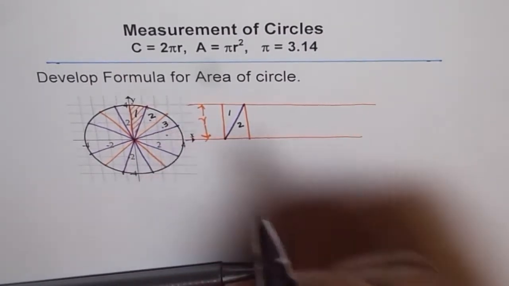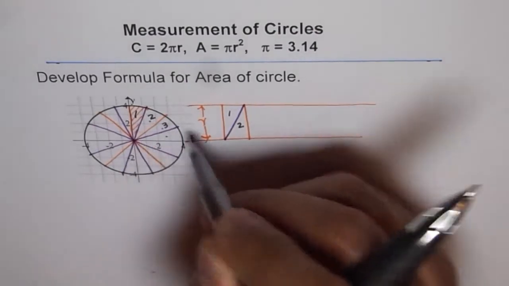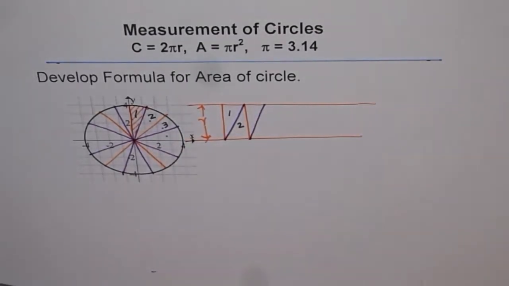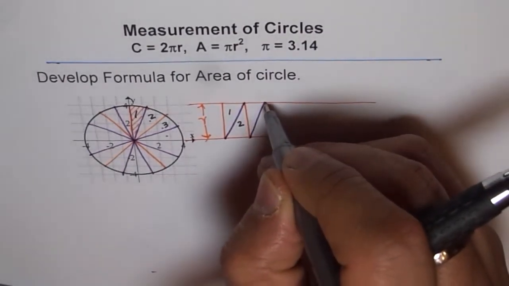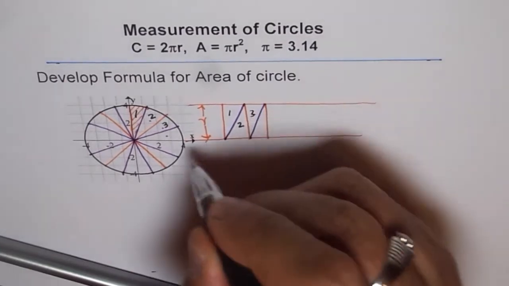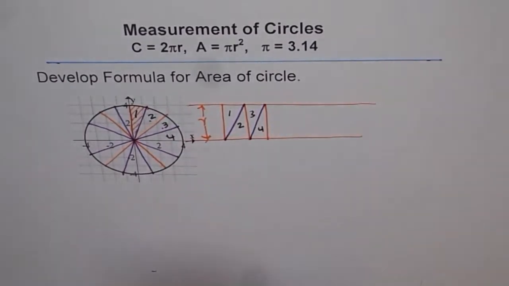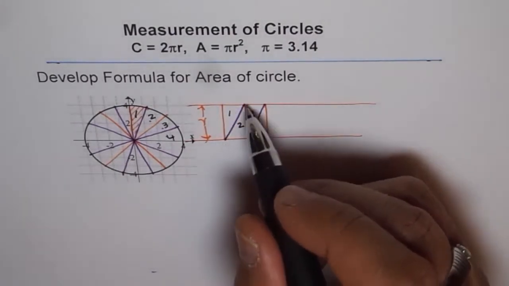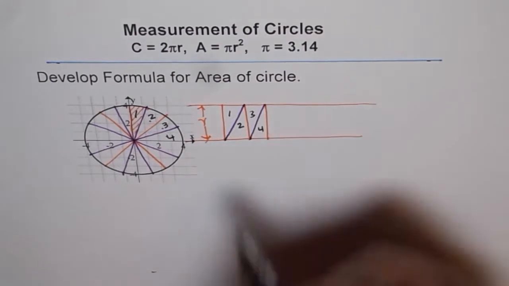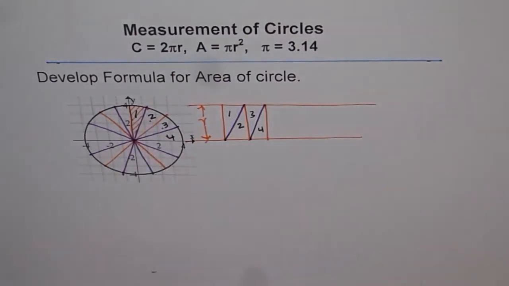Now the third one, I'm putting in this fashion. Third one, I'm putting like this. And then my fourth one again comes like this. Correct? So this is my third piece and then my fourth piece. Is that okay? So you will see like that. 1, 2, 3, 4. So 1 triangle, 2 triangles, 3 triangles, 4 triangles. So that is 1/4 of a circle, right?